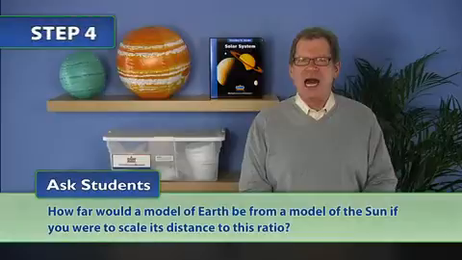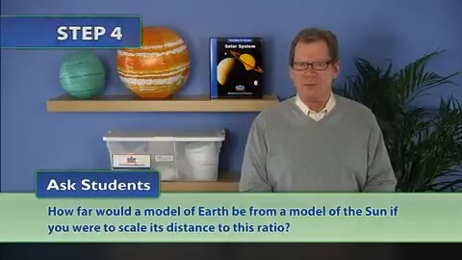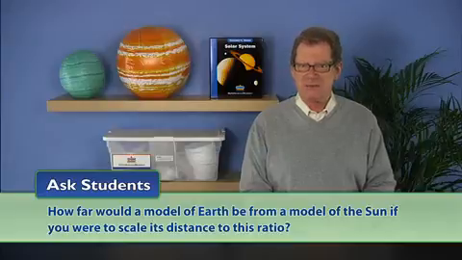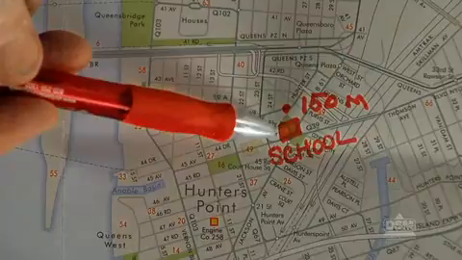Then write the ratio 1 meter to 1 million kilometers and ask students, how far would a model of Earth be from a model of the Sun if you were to scale its distance to this ratio? Help students calculate the scale to find that Earth would be 149.6 meters away. Again, show students the spot on the map where the Earth model would be, in this instance 150 meters from school.